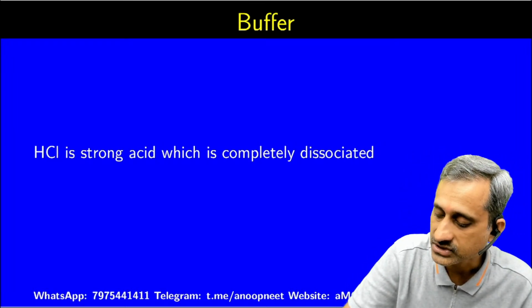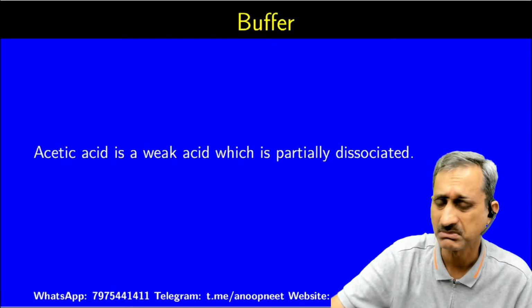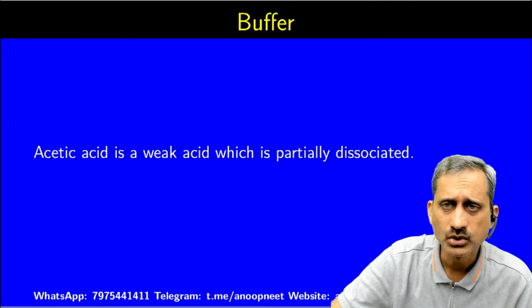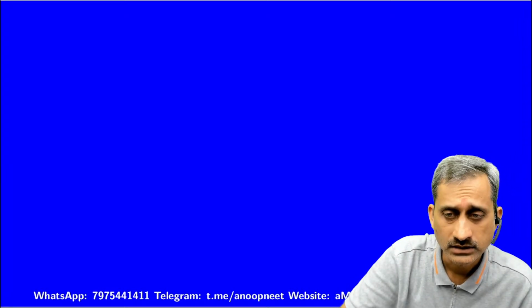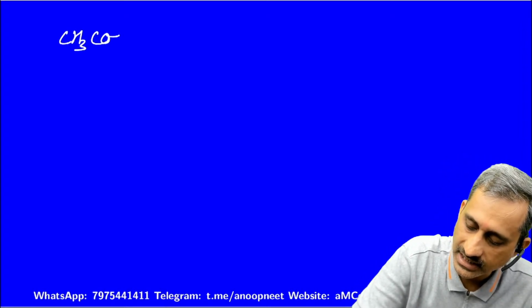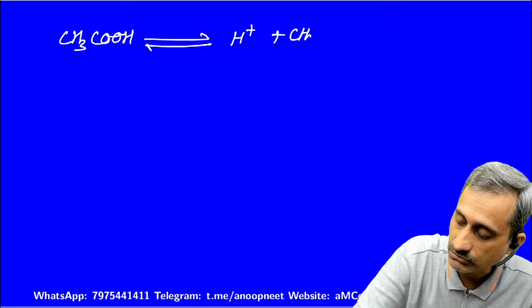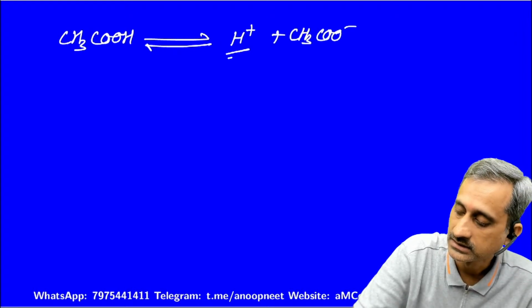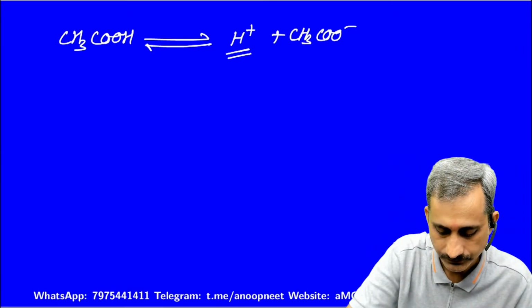Now, HCl is a strong acid which is completely dissociated, and acetic acid is a weak acid which is partially dissociated. So one would say that this would require more. But you forget one thing. When we talk about acetic acid, CH3COOH, which is in equilibrium with H plus and CH3COO minus, this H plus is only 1% of the total acetic acid available.